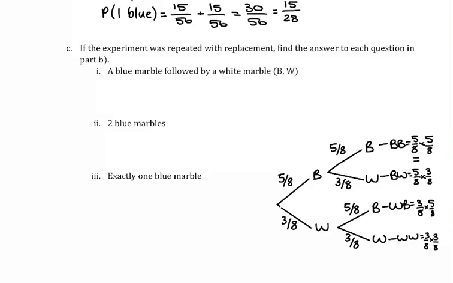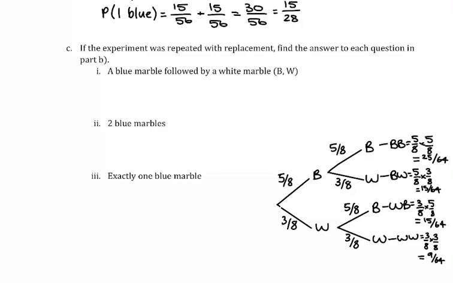And so these equal: 5 over 8 times 5 over 8 equals 25 over 64. 5 over 8 times 3 over 8 simplifies down to 15 over 64. 3 over 8 times 5 over 8 is 15 over 64, and 3 over 8 times 3 over 8 is equal to 9 over 64.